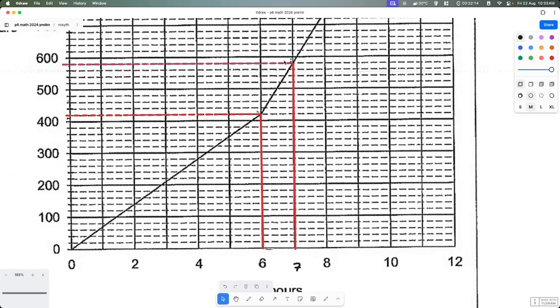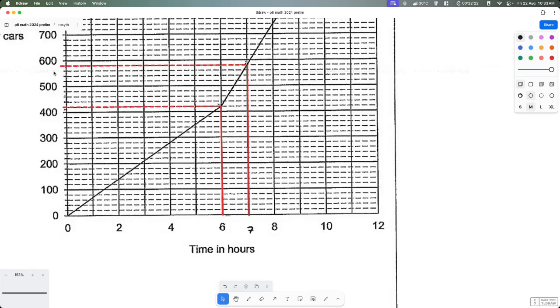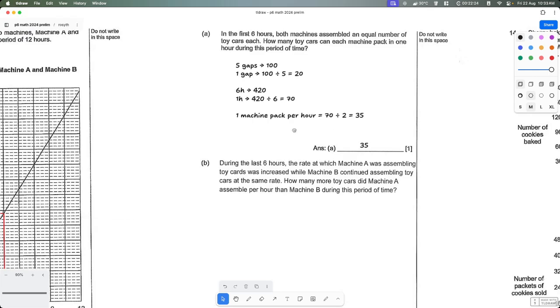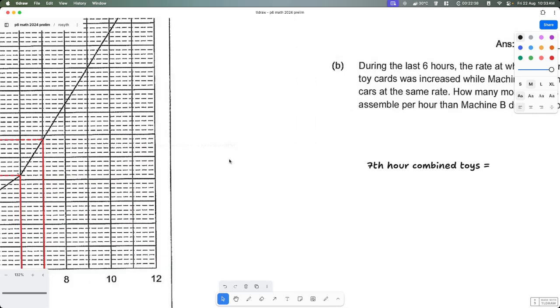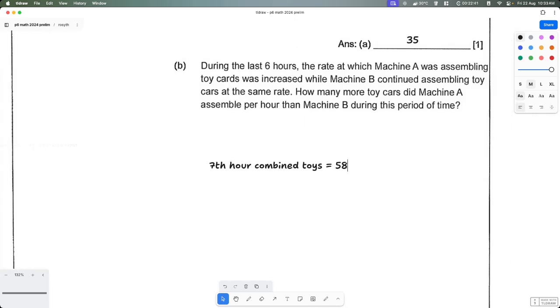On the 7th hour, you'll see that the new one is 580. So 7th hour combined toys is equal to 580. 420 is the 6th hour.